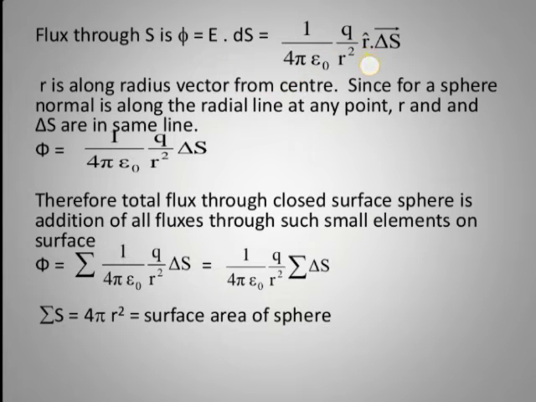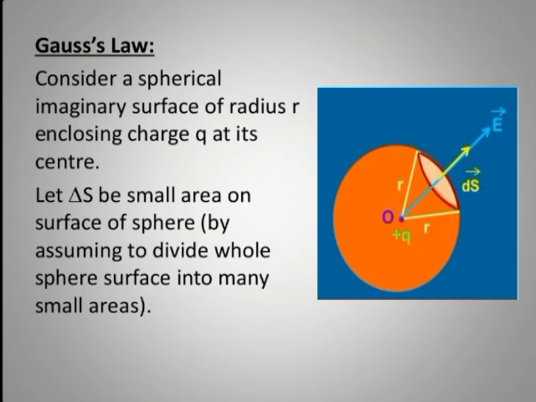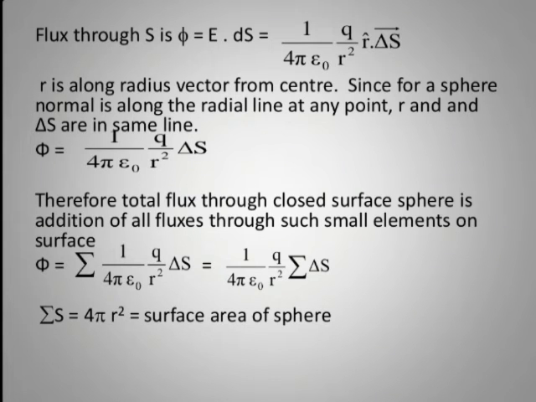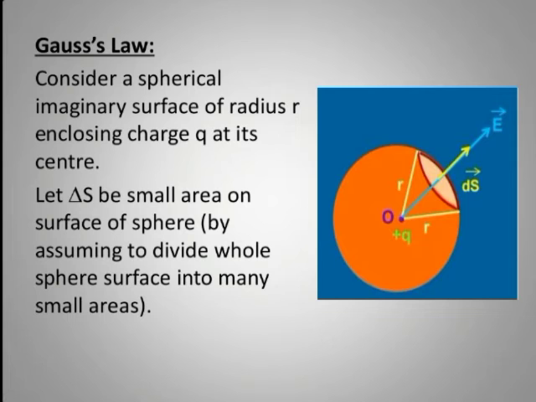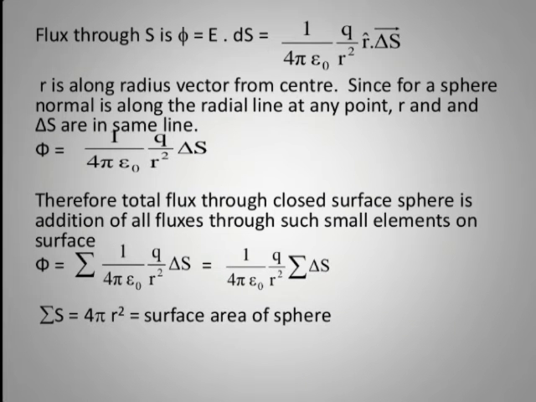So this small r cap tells you about the direction of what? Electric fields. Okay, now after this, taking out the direction vector r, you would get the formula as phi equals 1 divided by 4 pi epsilon naught q by r square delta S. Yes, you're getting. Let me not take any of the vector forms here. No direction, nothing, just the magnitude we shall consider.